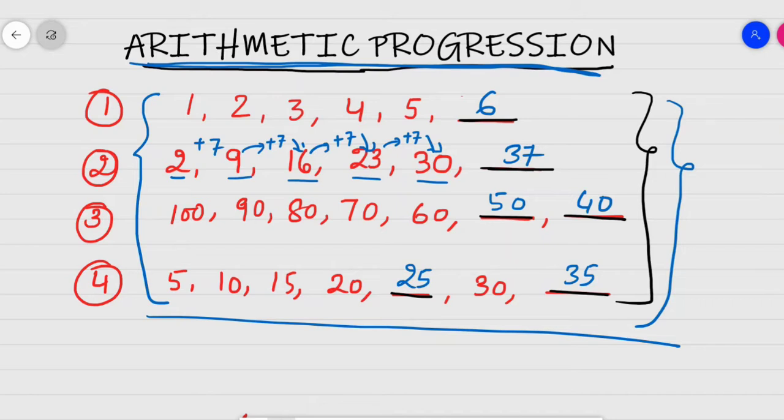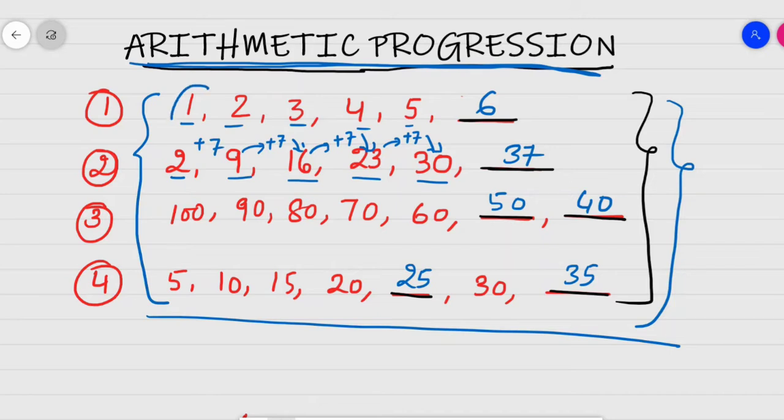Okay, now see, here you have a sequence, a list of numbers. The list of numbers which are moving forward with the addition of a fixed number is known as an arithmetic progression. See, 1, 2, 3, 4, 5, these are moving forward.